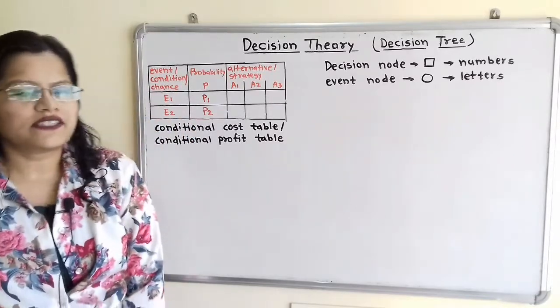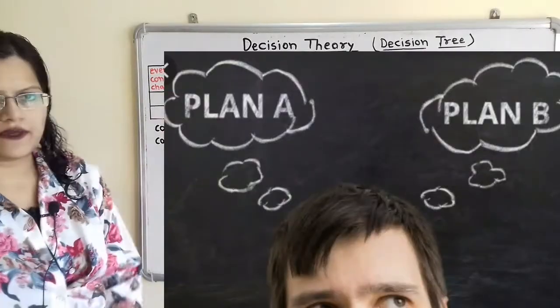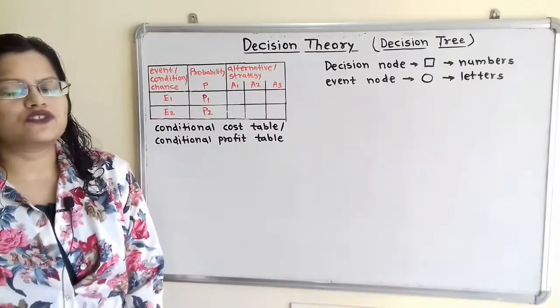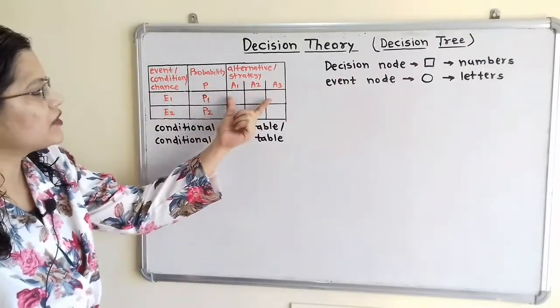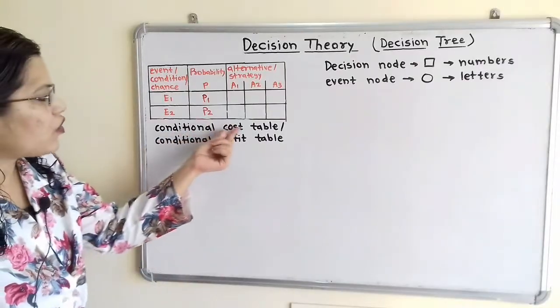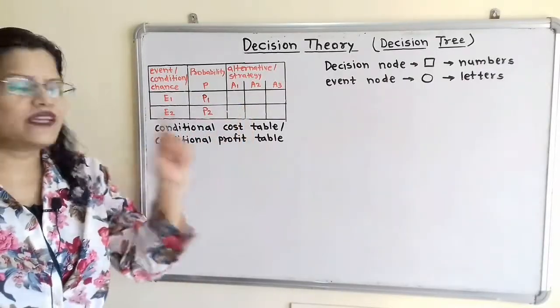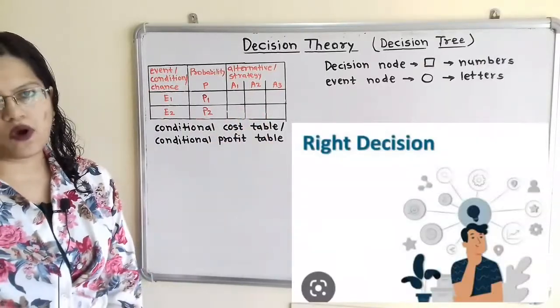Now there are three alternatives, or we can say strategy A1, A2, A3. Now decision makers should decide the best strategy or best alternative in between three. Now when the conditional cost table is given, then we have to select the alternative that is for the minimum cost.